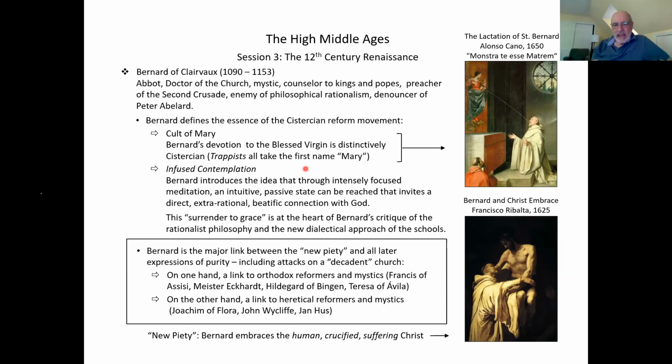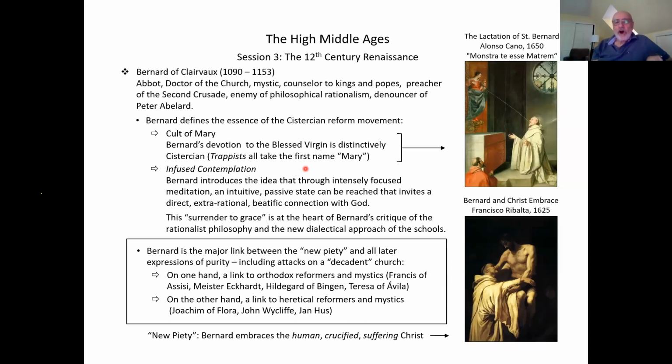You become nothing. And then into that passive nothing state, the grace of God, it's a surrender to grace. The grace of God comes to you in direct apprehension that's not intermediated by reason, a direct, extra-rational, beatific connection. Christ fills you. You receive the embrace of Christ directly and without mediation.